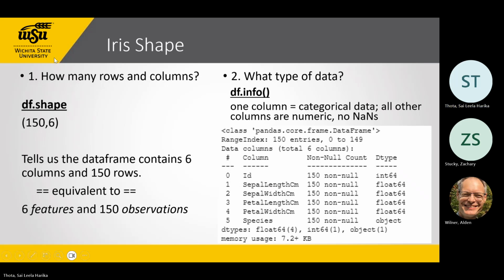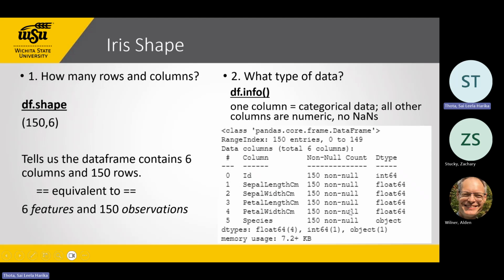We first load the data set in a data frame, and we check the shape of the data and also the info for the data. When you check the info, you will get all the data types and also the count of null values.